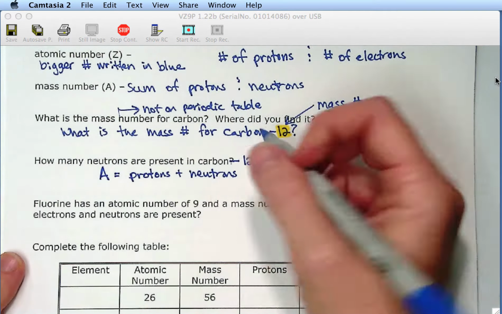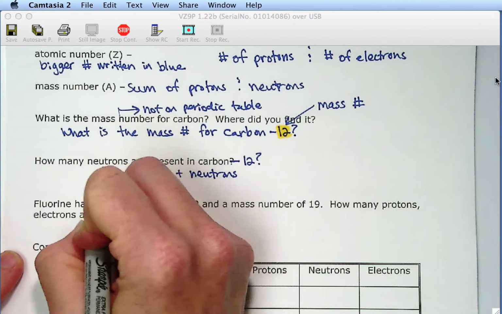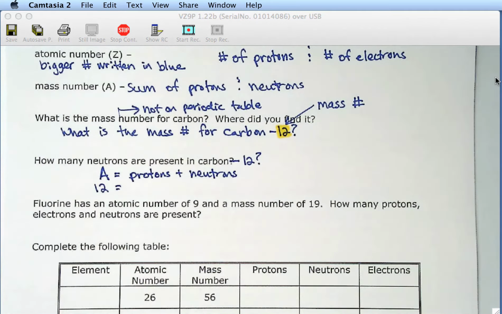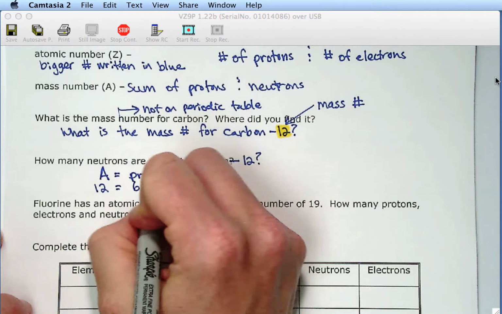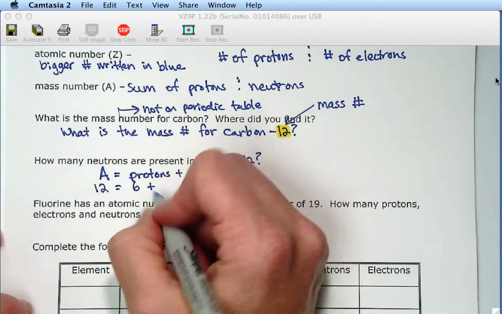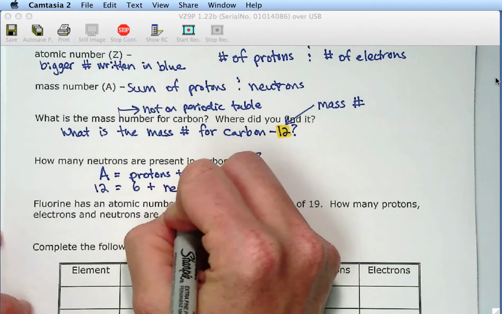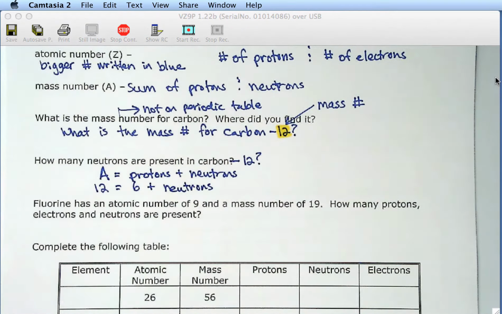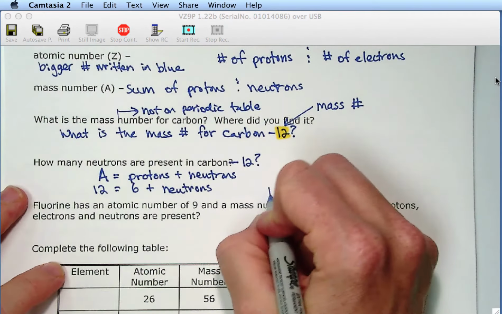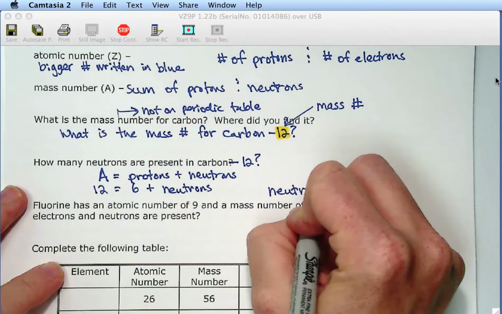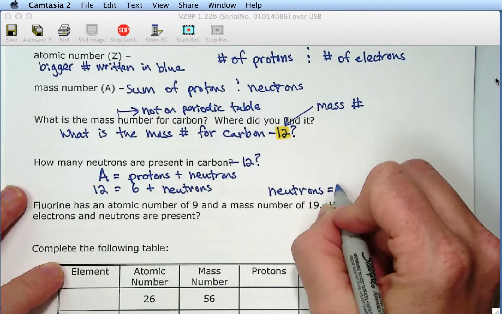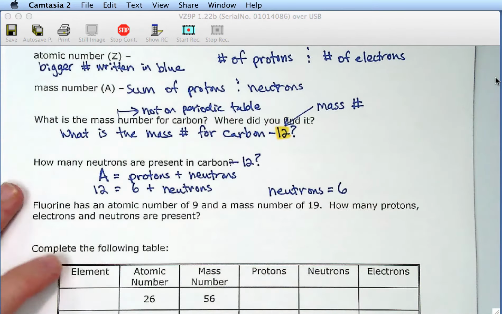So I have 12 here. How many protons are in carbon? 6. Excellent. So I'm trying to solve for neutrons. So how many neutrons are in carbon 12? 6. So the neutrons equal 6.